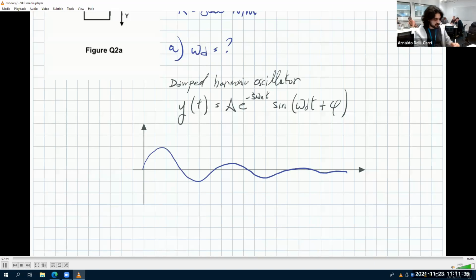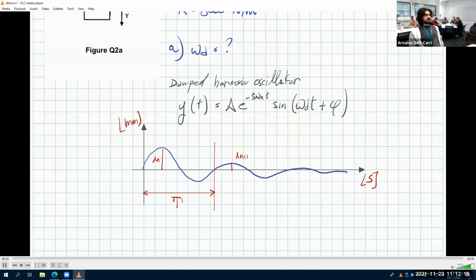This is amplitude N, this is amplitude n plus 1, and one cycle corresponds to this. So this is the period, in seconds, and this is the amplitude in millimeters.